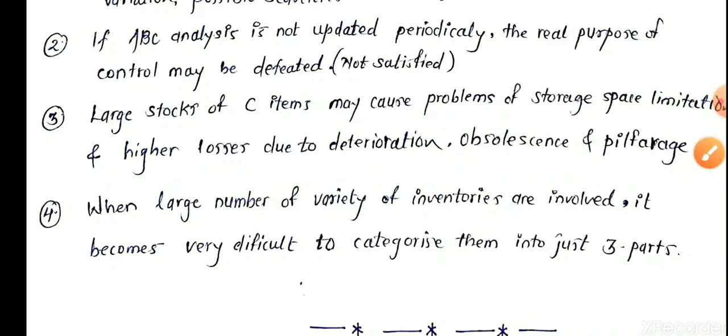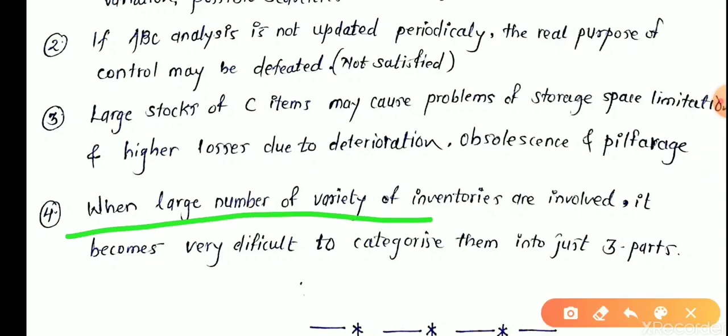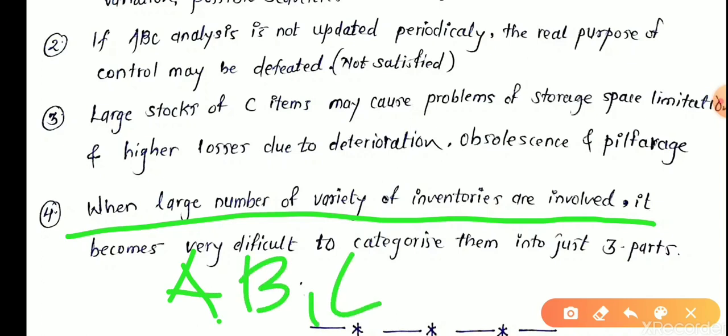Now, the fourth point: when a large variety of inventories is involved, large meaning 100 units, 200 units, 1000 units, if we have an inventory of 1000 items, then it is quite difficult to classify all these items into only A, B, C. Quite difficult.